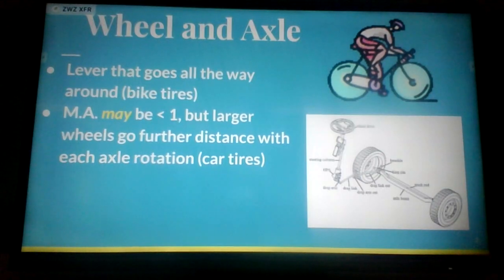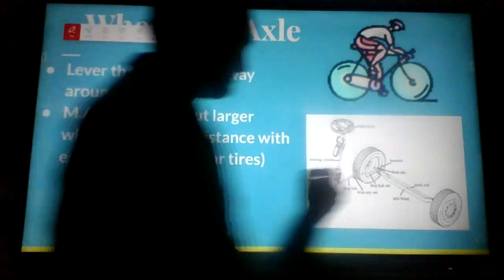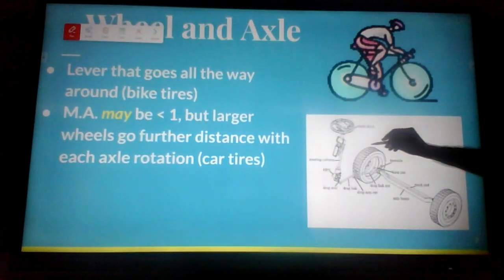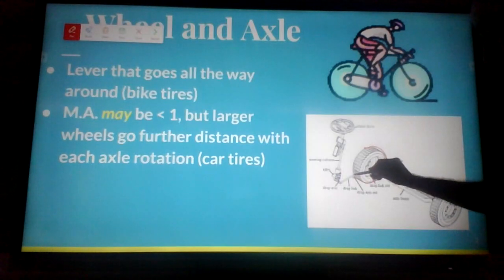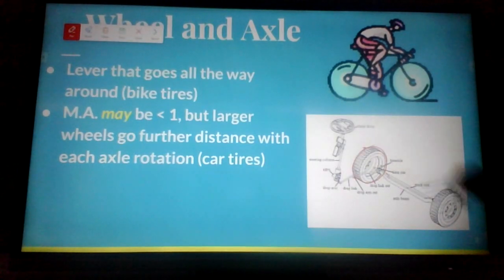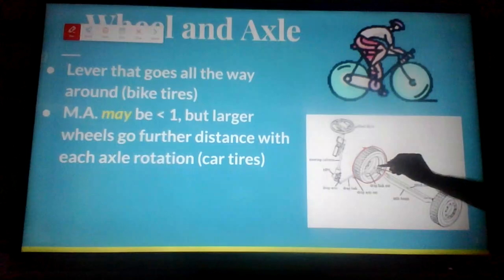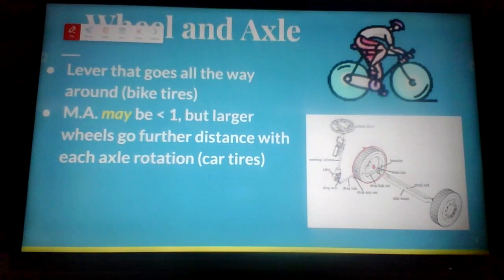As the axle pivots at one central point, well, take a look at what the wheel does. Let's consider this point right here. This point is going to travel all the way around at a much greater circumference, which is a distance, than this pivot point where the axle is.